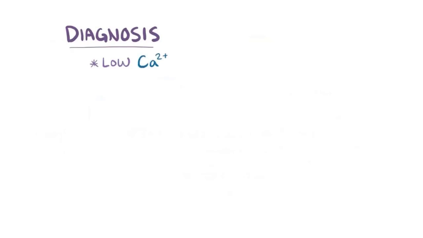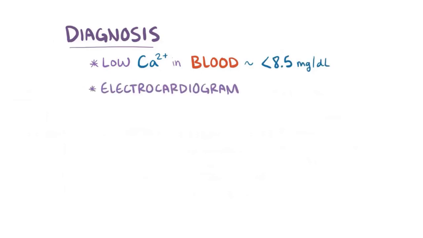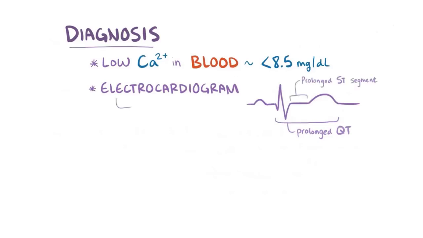Hypocalcemia is diagnosed based on a low level of calcium in the blood, generally below 8.5 milligrams per deciliter. Also, an electrocardiogram might have changes like a prolonged QT interval, prolonged ST segment, and arrhythmias, like torsade de pointes and atrial fibrillation.